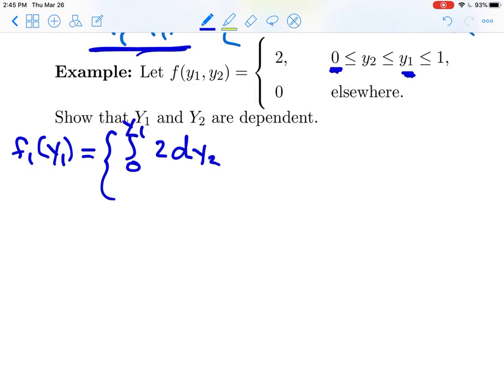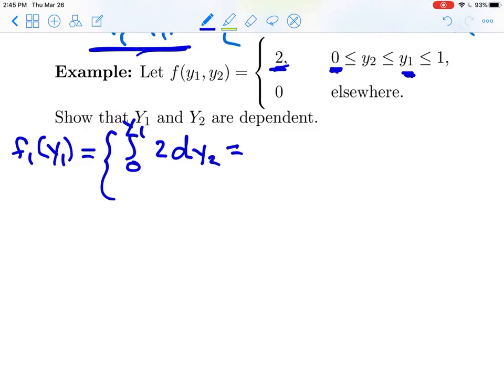So really we want to go over all values of y2 that are allowable, or that have 2 as this density in the joint density. But that only happens when our values of y2 are between 0 and y1. Right? So we're integrating that with respect to y2.